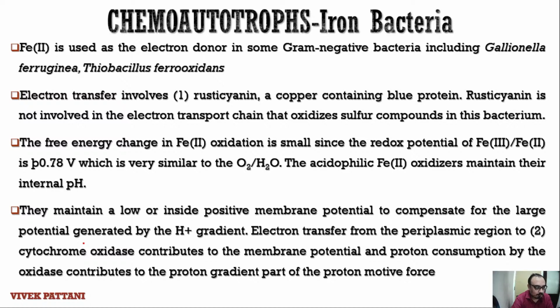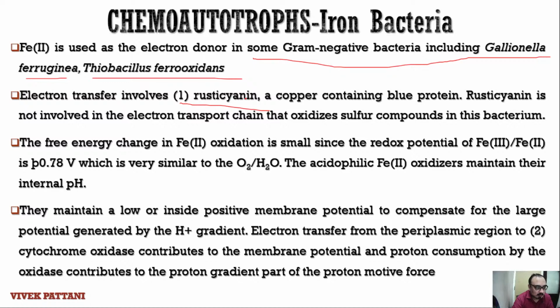Fe2+ is used as an electron donor in some gram-negative bacteria including Gallionella ferruginea and Thiobacillus ferrooxidans, and this electron transfer involves rusticyanin.